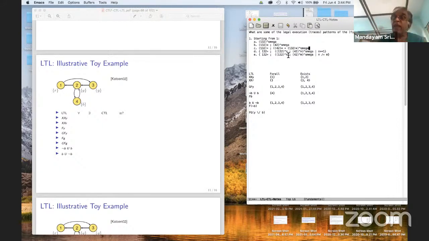But to say that I will allow arbitrary n such that n is greater than or equal to 1 and n not equal to m, where n and m may be greater than or equal to 1, those kinds of things cannot be entertained, cannot even be modeled using finite state transition systems. They will end up requiring unbounded memory.